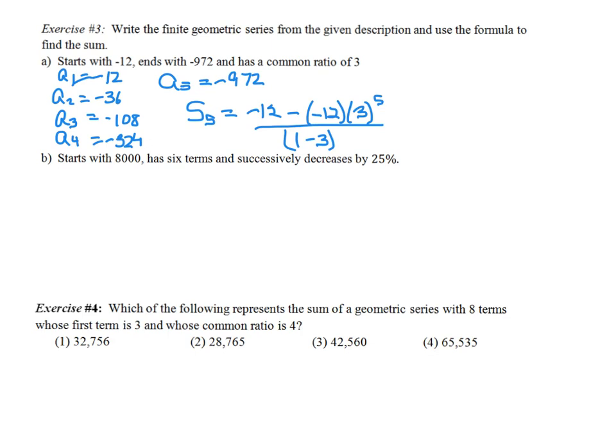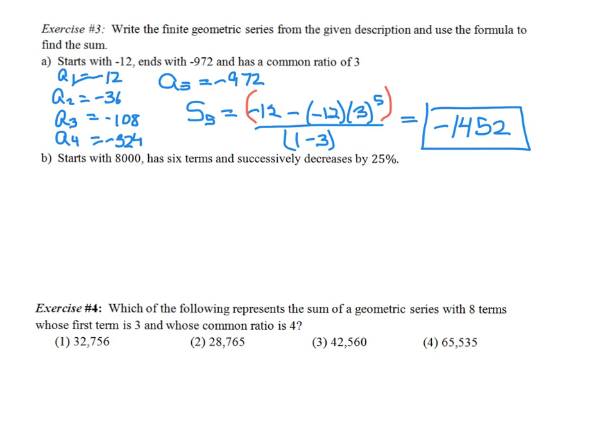Now again, on your calculator, make sure you put the whole numerator in parentheses and the whole denominator in parentheses. When I did this, I got for my answer for this sum negative 1,452. So check that on your calculator as well.